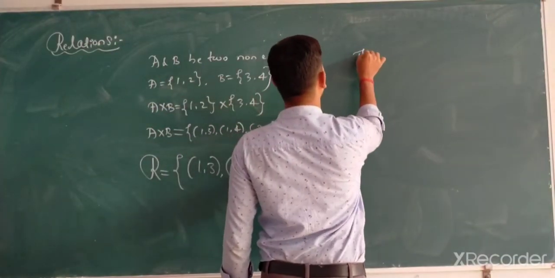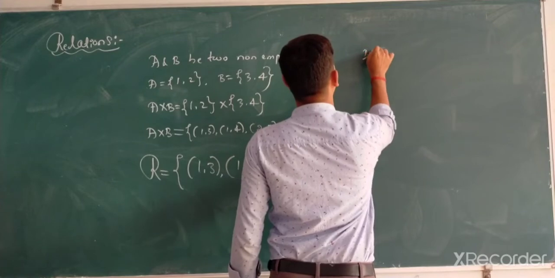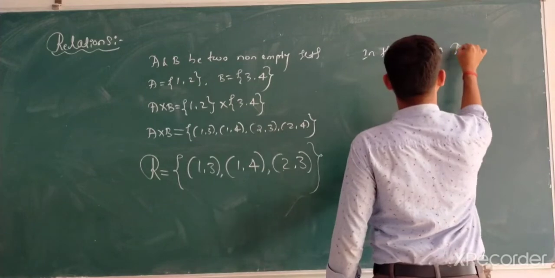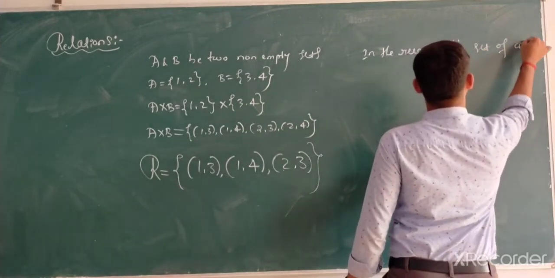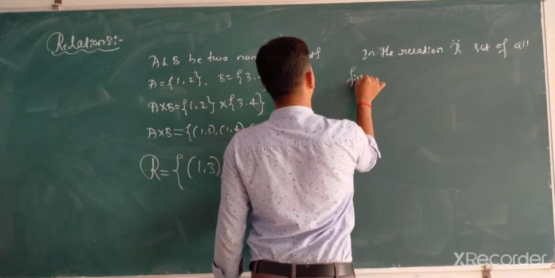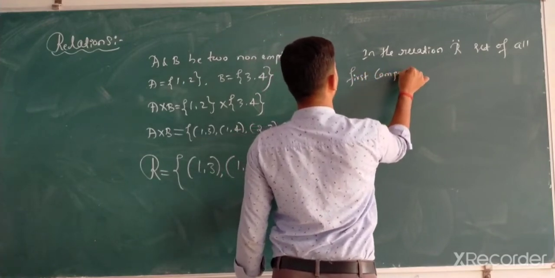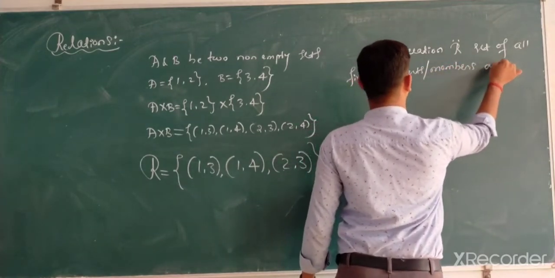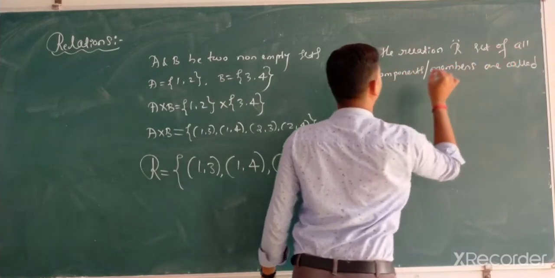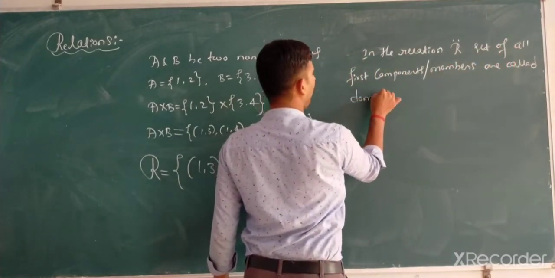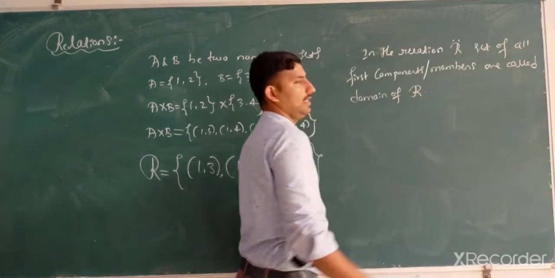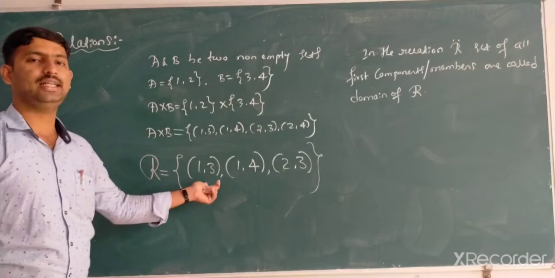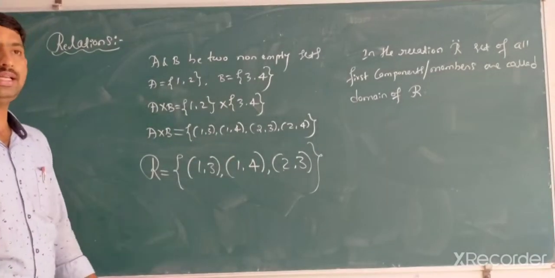The set of all first members, the set of all first components of the relation, that is capital R, is called the domain of the relation R.